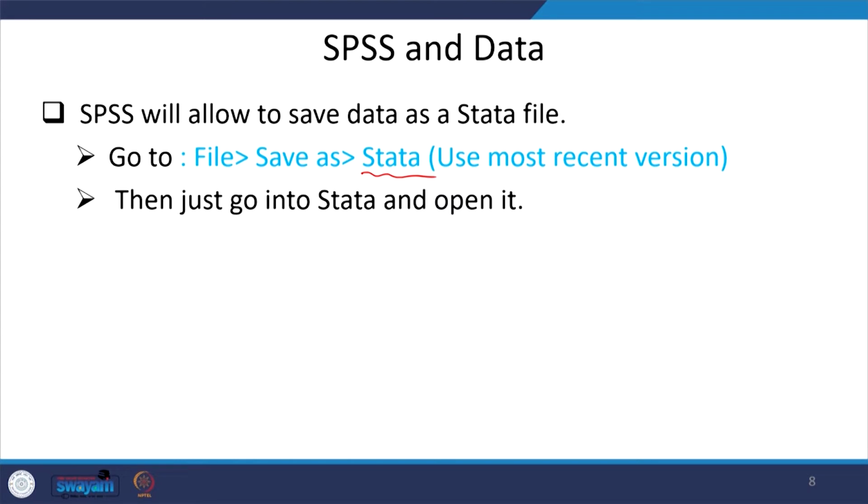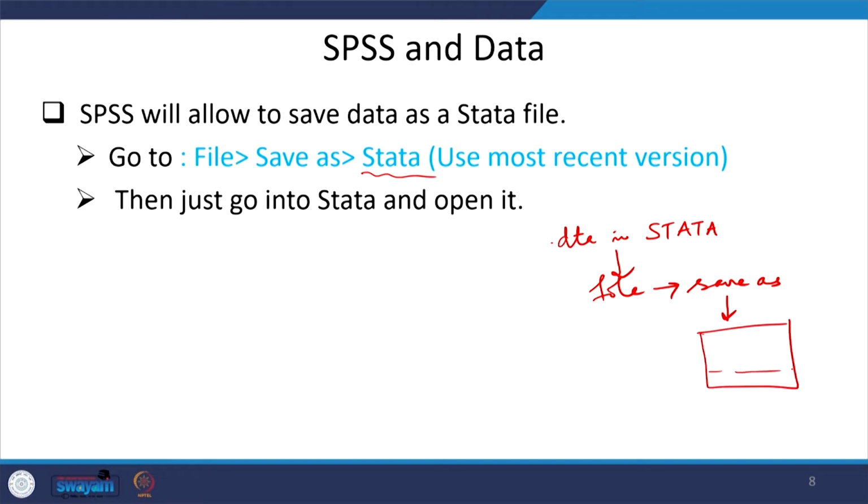Another one, from Stata to SPSS, you can also do. Once you have opened the data.dta file in Stata, you simply go to File, then Save As. A box will open and it will ask in which format you need to save. You should choose the .sav format.